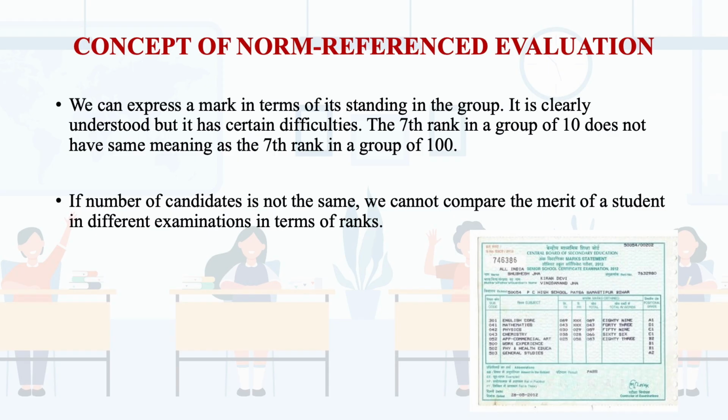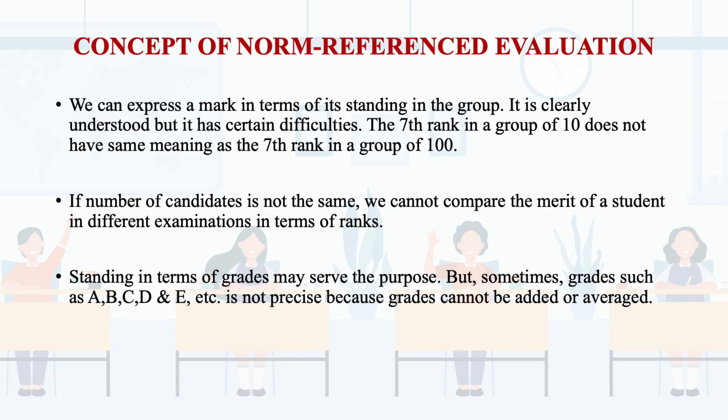And at the same time, standing in terms of grades may serve the purpose, but sometimes grades such as A, B, C, D or E, whether you assign an A grade or B grade or C grade or D or E grade, are not precise because grades cannot be added or averaged. Many a time you cannot just add grades, though scientifically you can do it. You will also find that not all questions carry equal weightage.